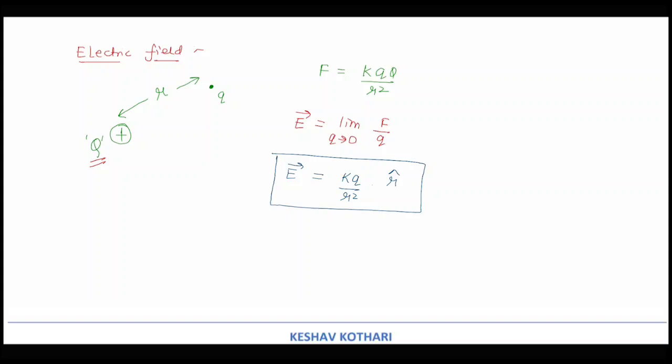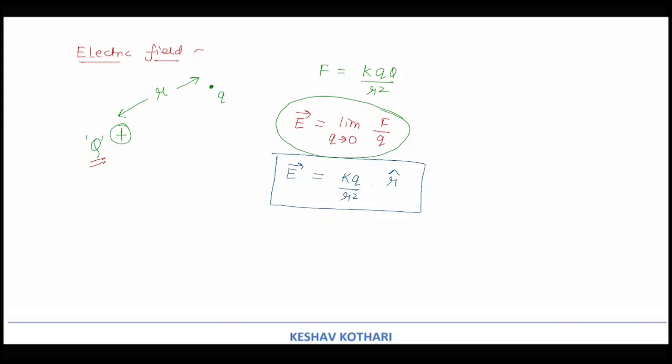So this is the reason behind putting q approaches 0.